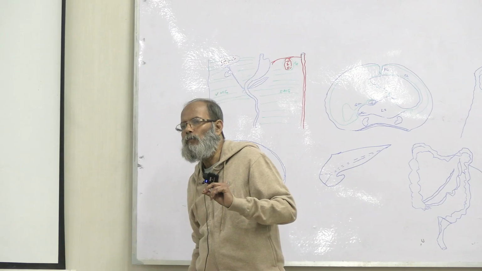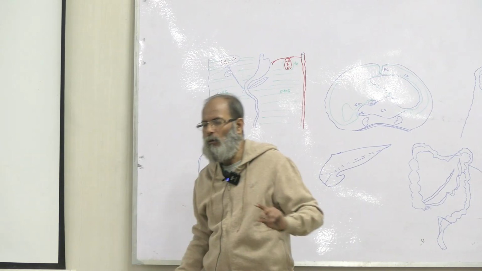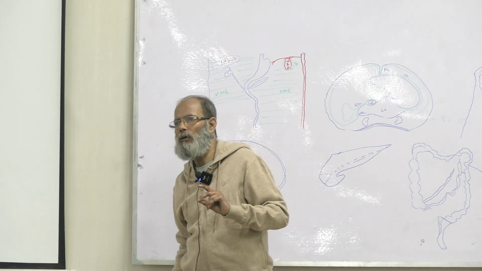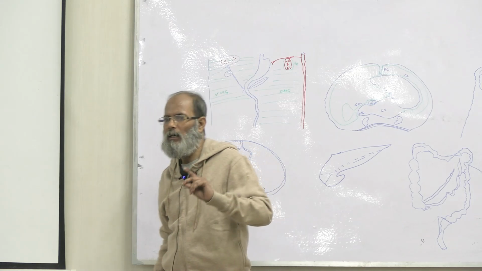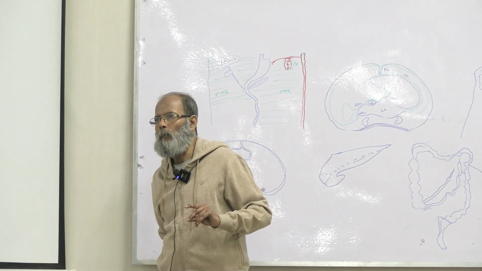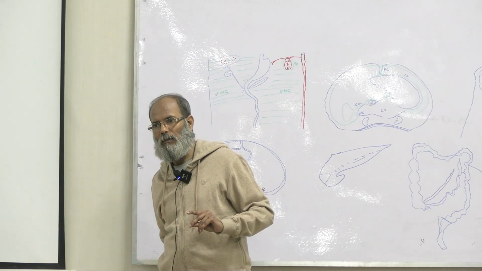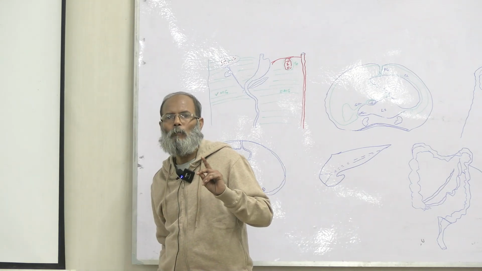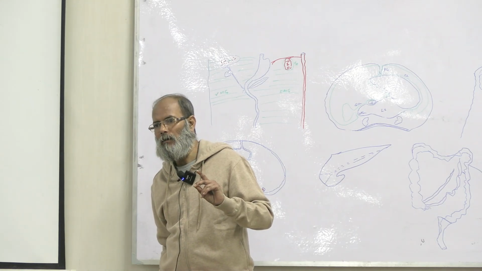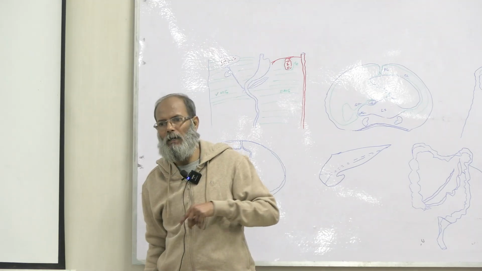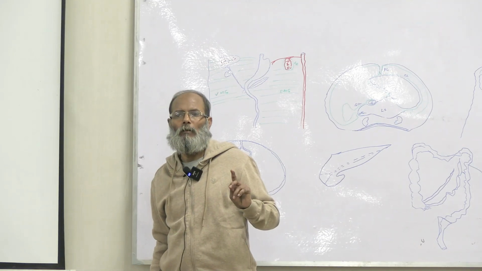It contains the transverse colon, the middle colic artery and the ascending branches of middle colic artery, that gives rise to the arcades of Drummond along the fan-shaped mesentery.